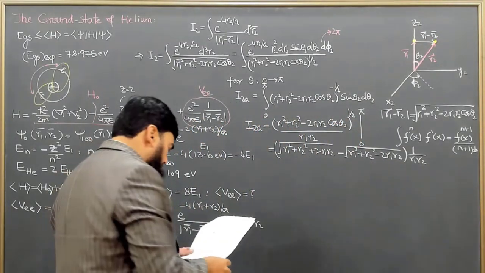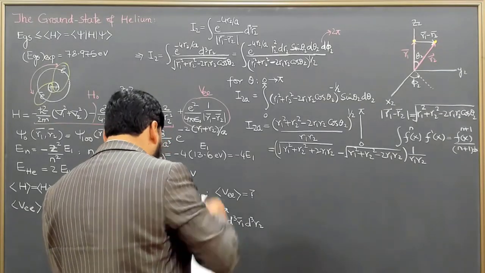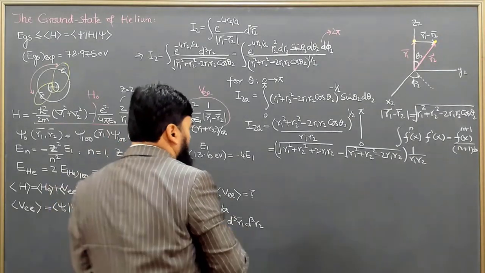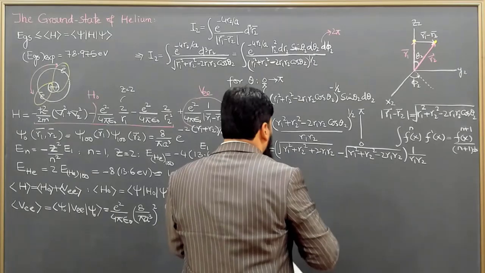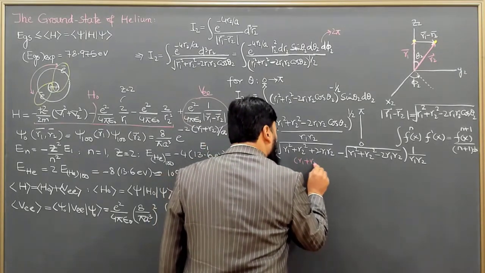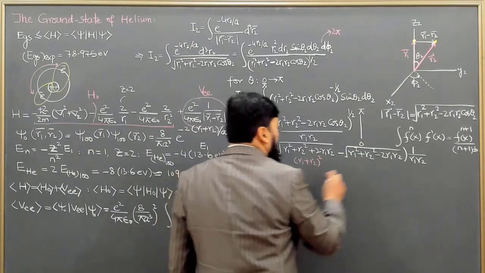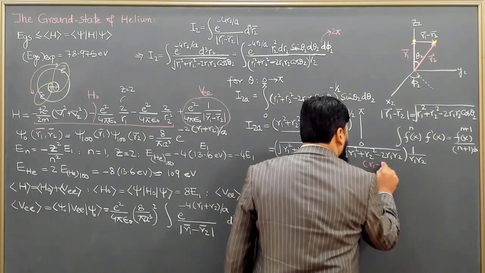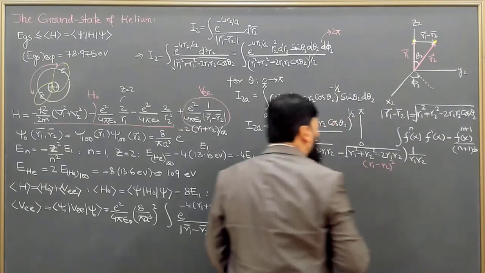Now I can further write this thing as, as I know that this one is r1 plus r2 whole square, while this one is r1 minus r2 whole square.